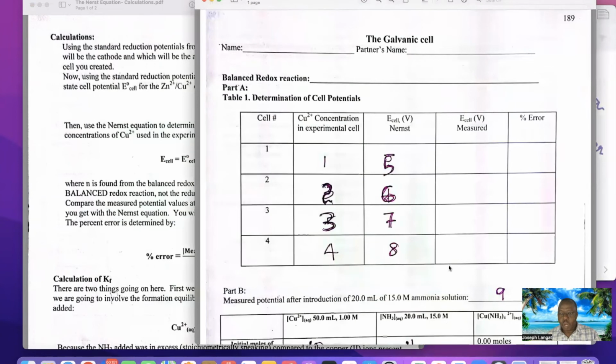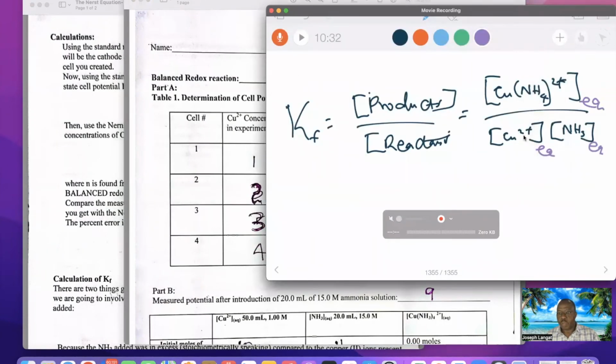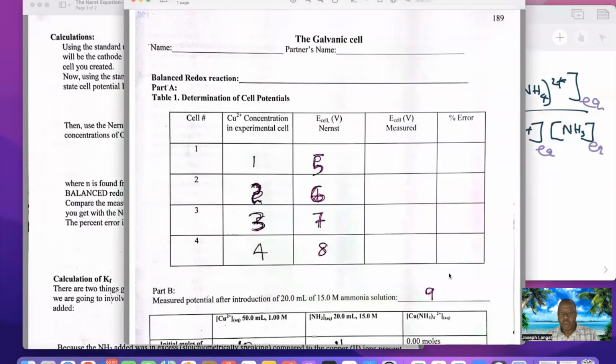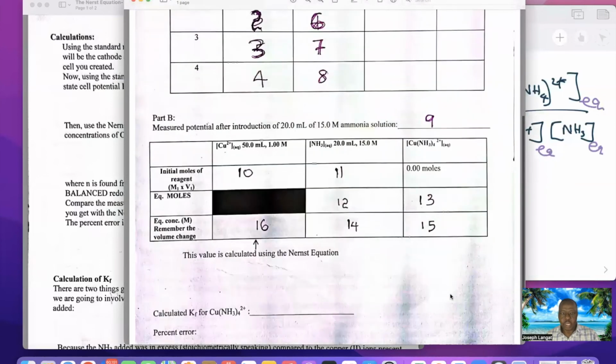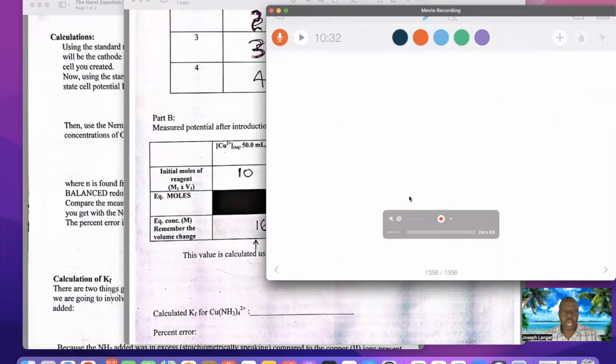Therefore, we will calculate the concentration of copper 2 ion at equilibrium, ammonia at equilibrium, and the complex at equilibrium by completing table 2 or the table on part P. Just like in table 1, I will use my whiteboard to show you how you will complete each item.